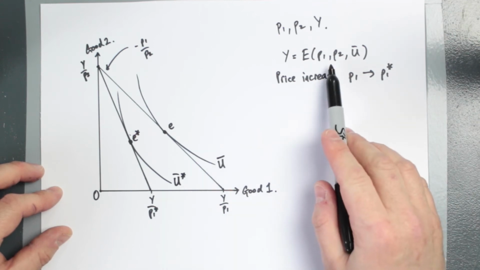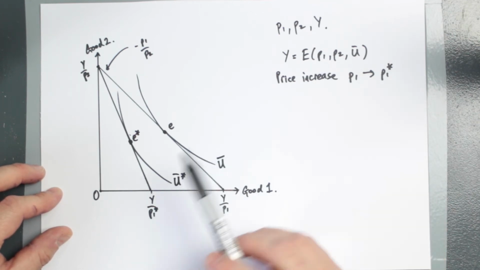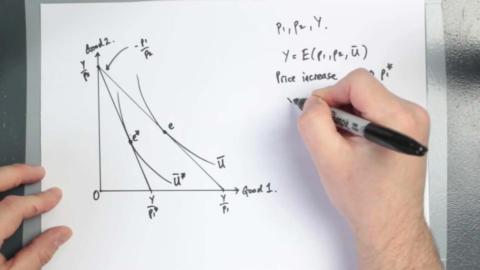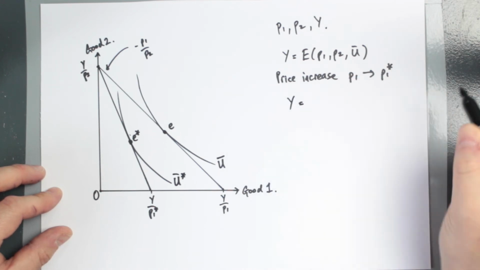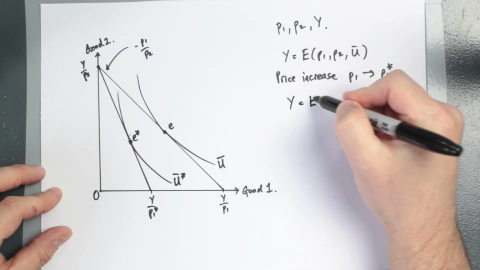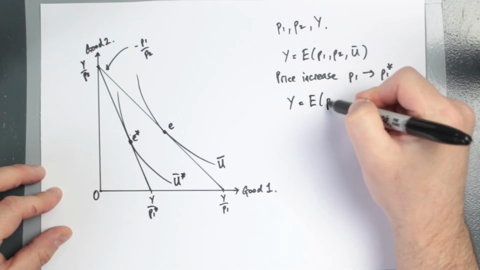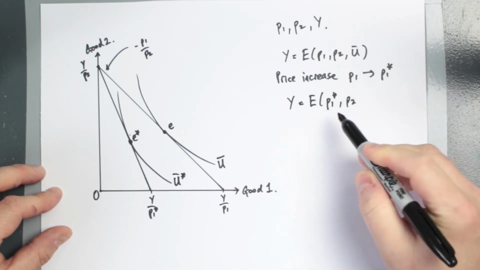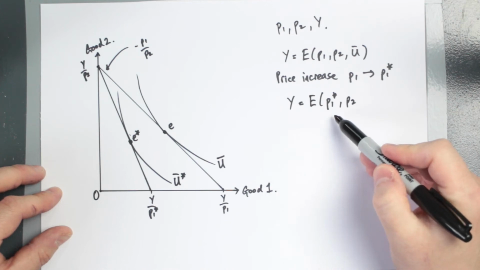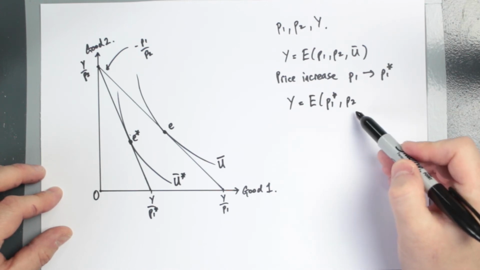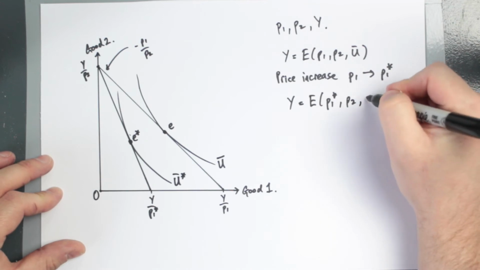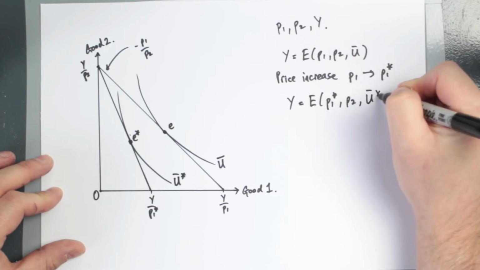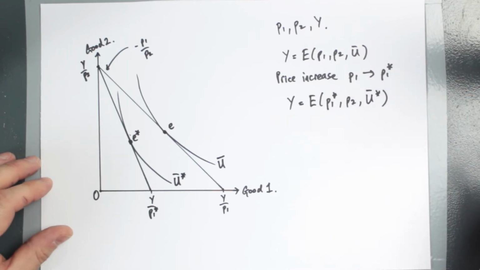Now, by the same logic as before, I could say, well, the consumer's income Y in this case is precisely equal to the minimum amount of income when the price of good 1 has changed to P1 star, the price of good 2 is still P2, and the target level of utility is now U bar star.